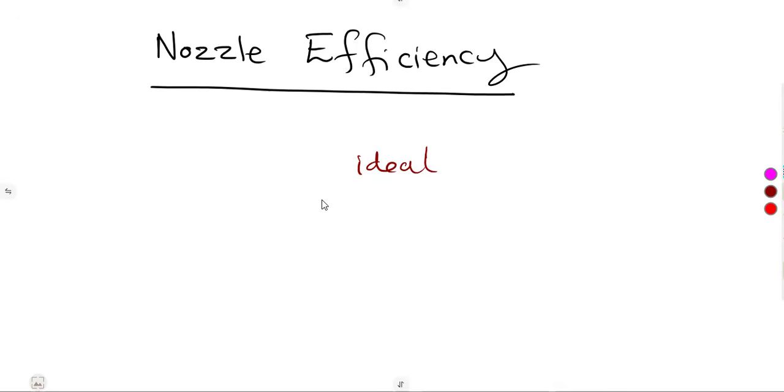It's a frictionless path that has been taken for that consideration of an ideal. But we are not going to have that in practice, guys. We are going to definitely have friction considered.